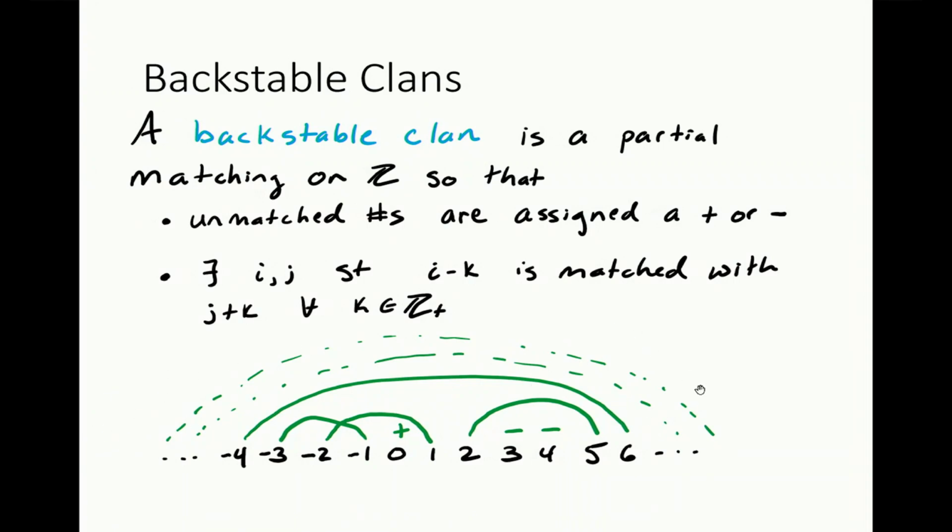Now you might worry, how do we draw this infinite picture? Well, in practice, we never have to, because really this I and J gives us a little window in which we can think about this infinite clan as just being a finite clan. And in particular, if we have a finite clan, we can just think about it as being backstable by just adding as many matchings as we want to fill it out to this infinite picture.